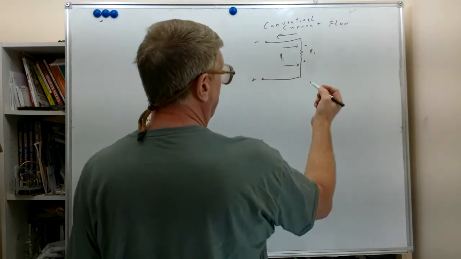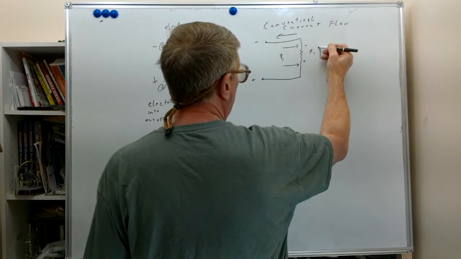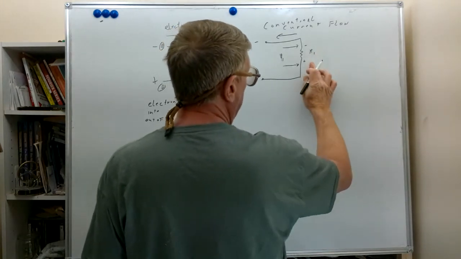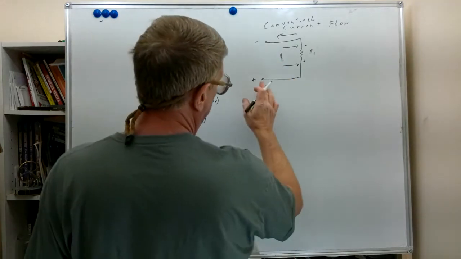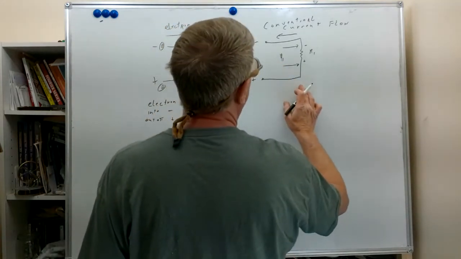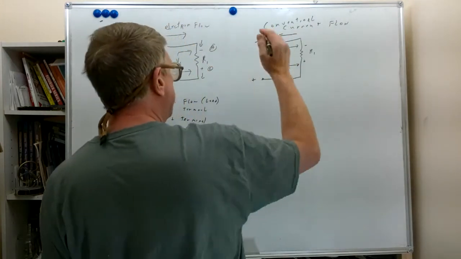So inside the resistor, any positive charges will get repelled by this positive terminal at the bottom and attracted by the negative terminal. Positive charges are repelled by the positive terminal of the source and attracted by the negative terminal of the source.